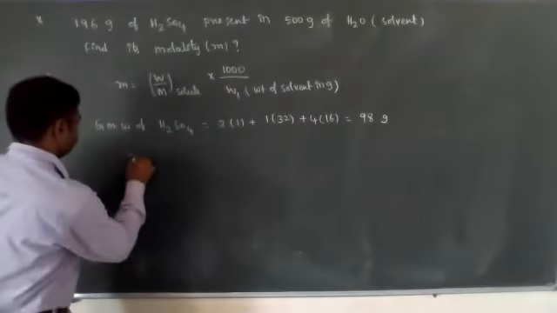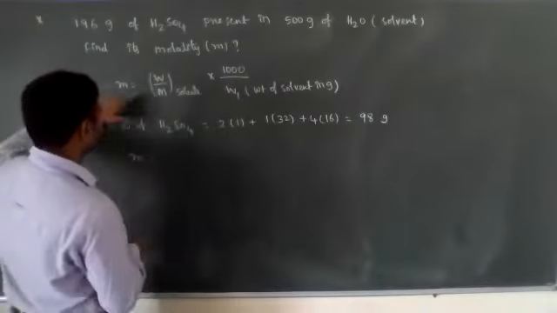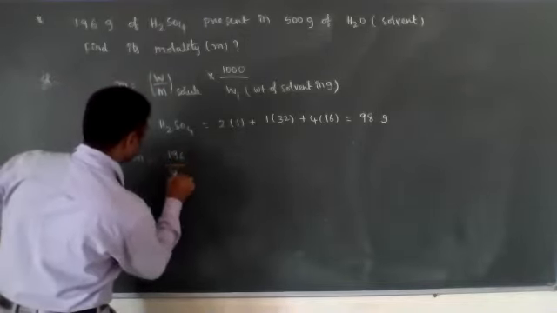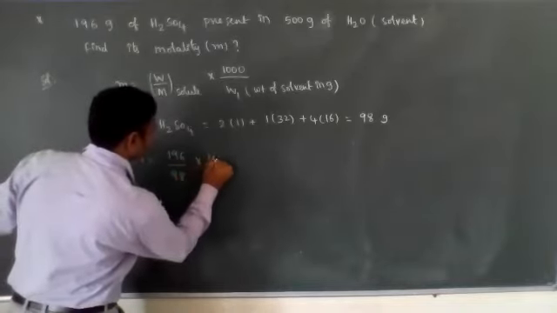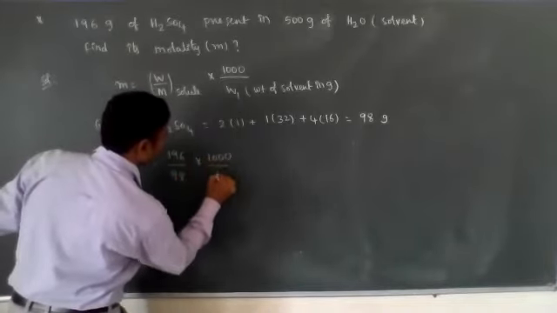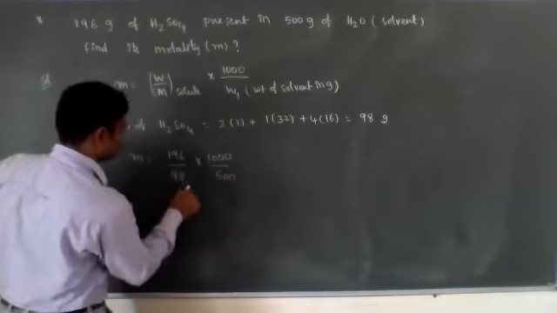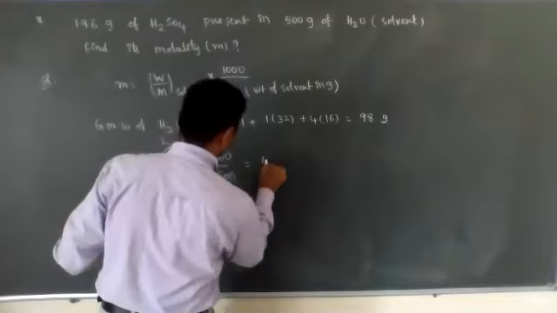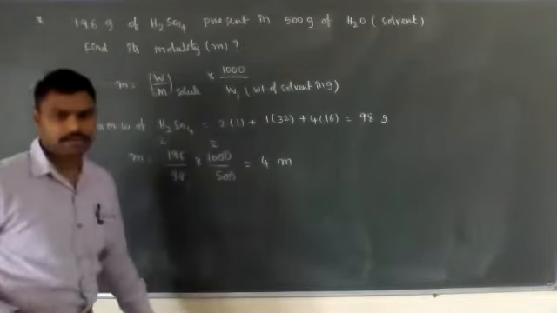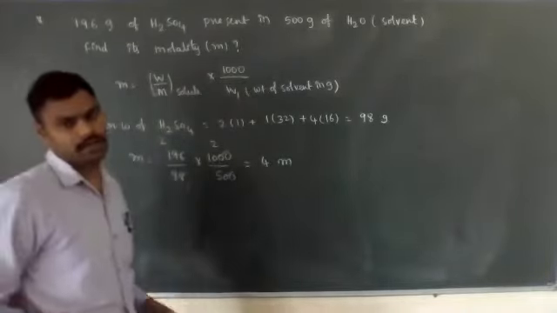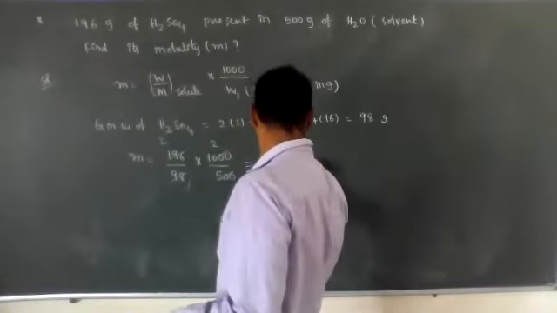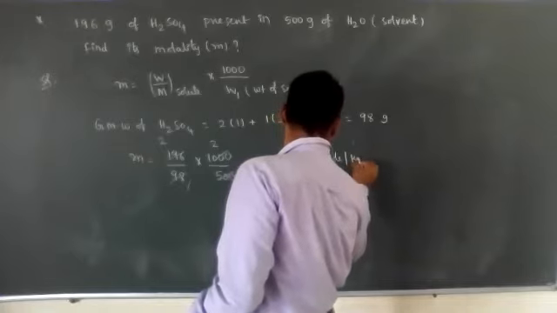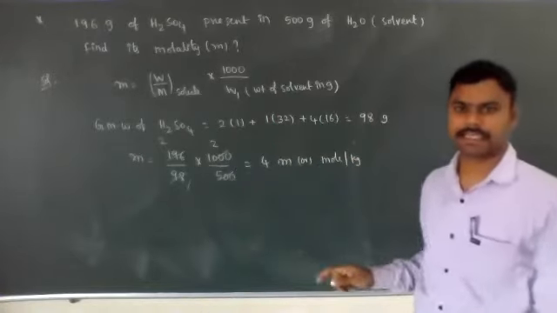The molality is equal to 196 by 98 into 1000 by 500. 2 times, and this is also 2 times, it will cancel, and it is 4 molal, or 4 mole per kg.